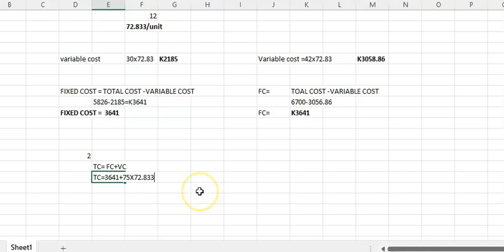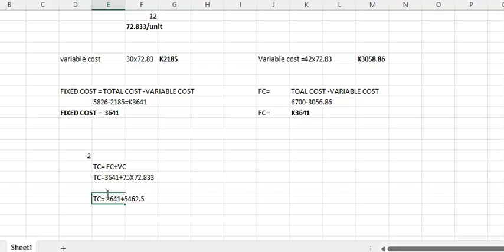So we have our total cost equal to fixed cost 3641 plus 75 multiplied by 72.833, which gives 5462.5.